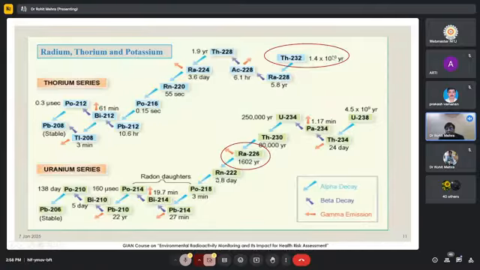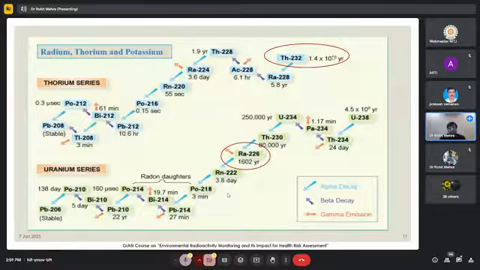And yesterday we discussed that from this radon, once again alpha decay occurs and we get the daughter products polonium 218 and 214, which are responsible for causing the natural radiation exposure to human beings. That is why these series are very important to understand and remember.